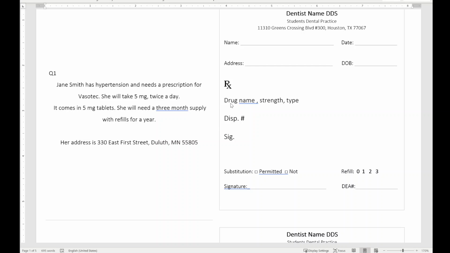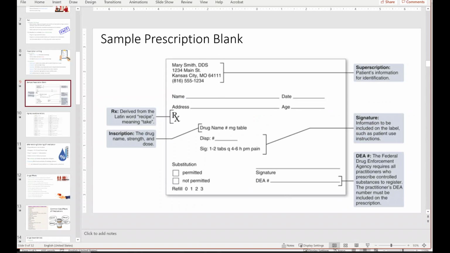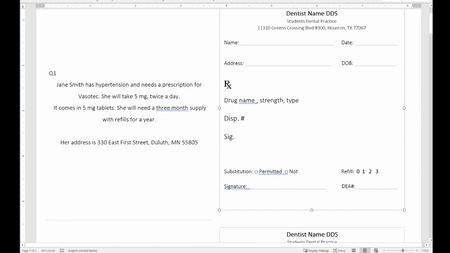This is the first part, which is the inscription: the drug name, the strength, and the type. When I say type, I'm saying, is it tablet, is it capsules, and so on. So the drug name is Vasotec, right? We can put that in here.